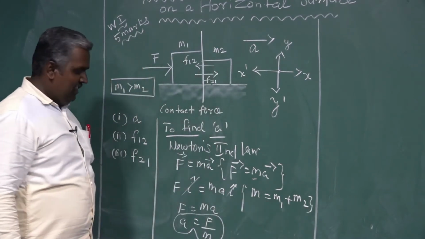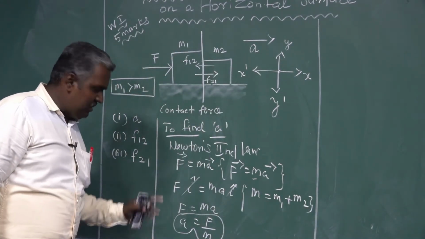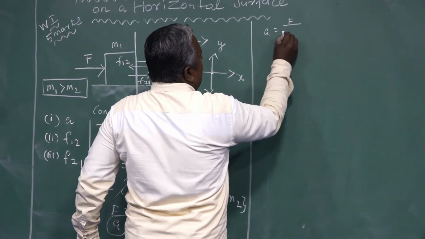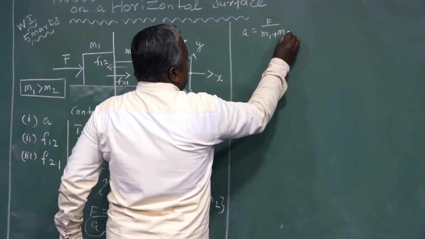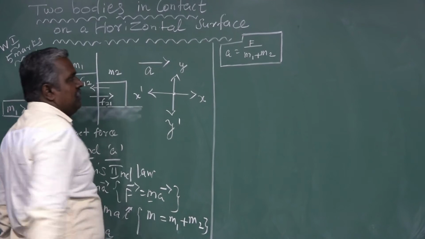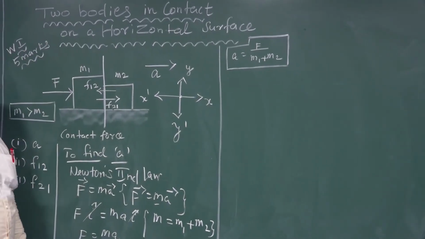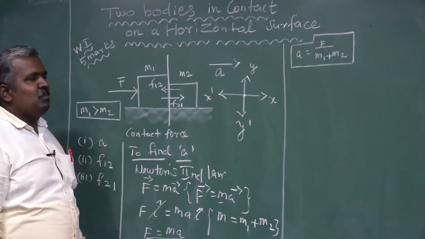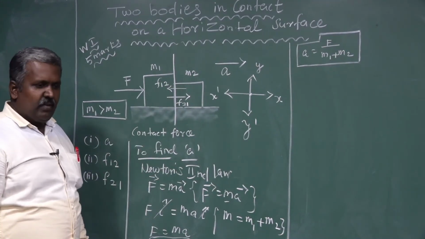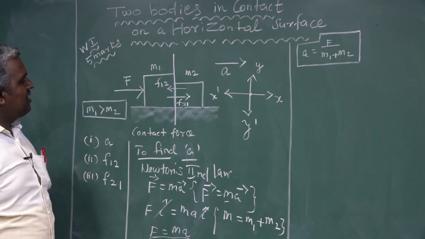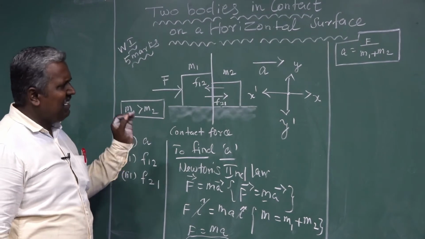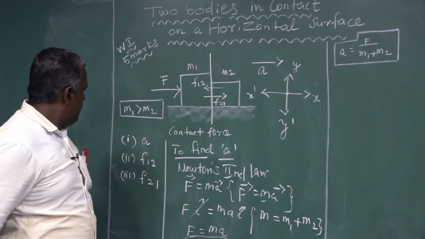Therefore the acceleration of the system a is equal to F by M1 plus M2. That is the acceleration of the system. Clear? Very simplest question. Nothing else. Very interesting.